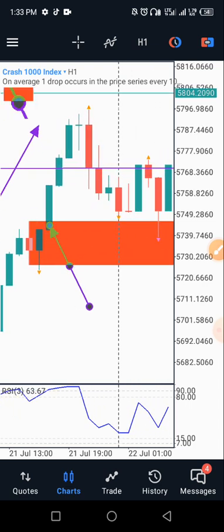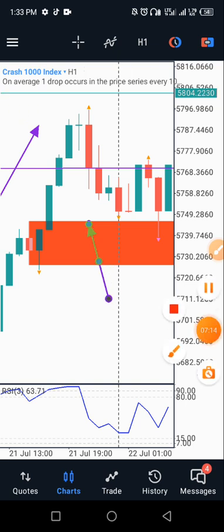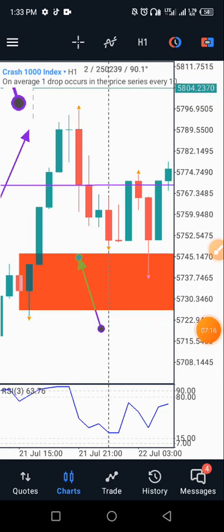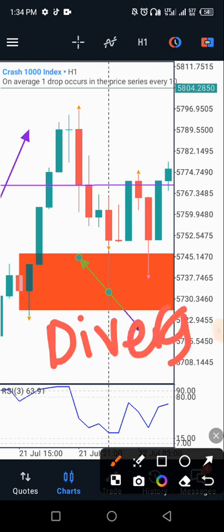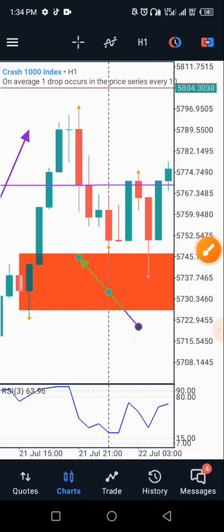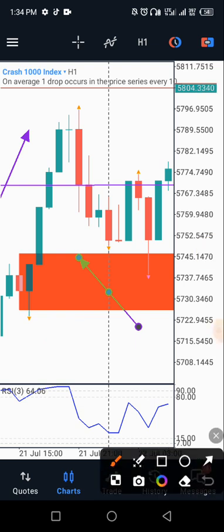Then the last thing we want to do is to identify our divergence. And the way we are going to identify our divergence is to make use of our RSI indicator.